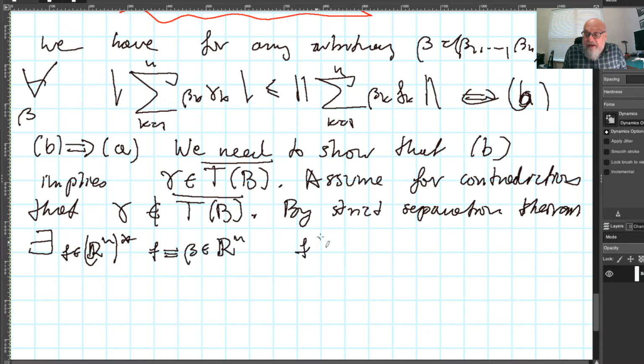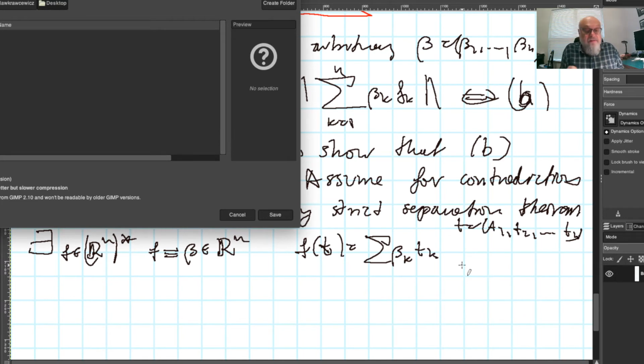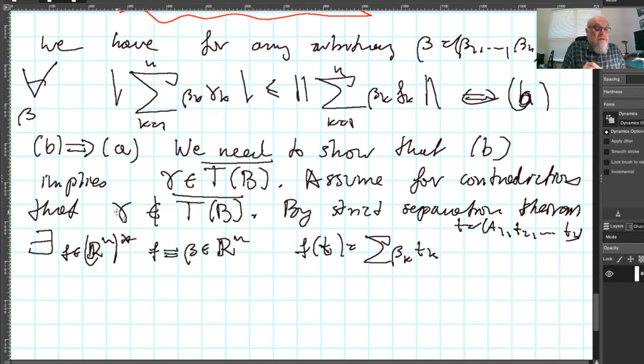So that means the functional on the vector, not x, x is in the other space, T, where T is equal to (T1, T2, ..., Tn). So this functional will be simply the sum of beta k tk. You understand? Okay, so maybe sorry, I would write it down.